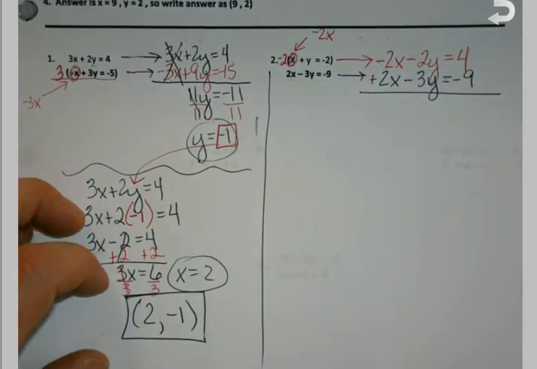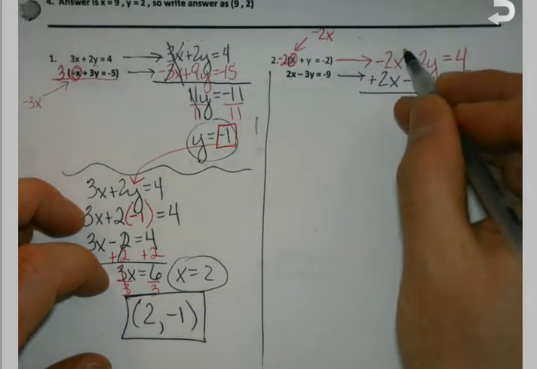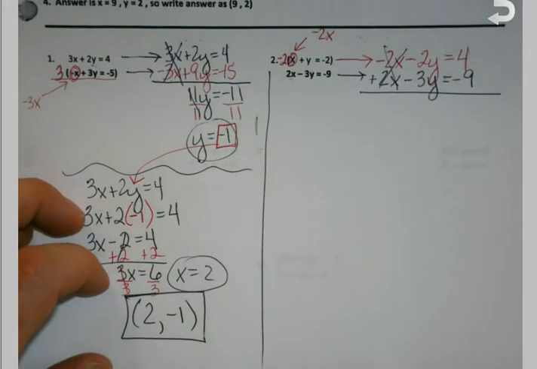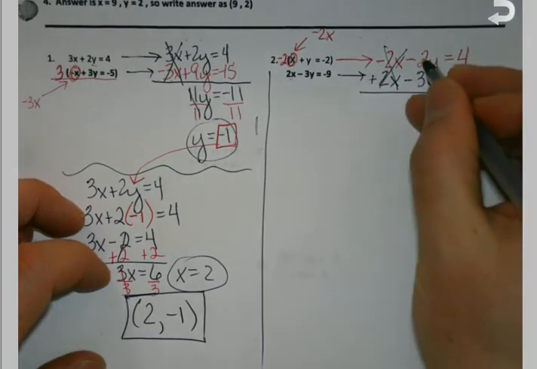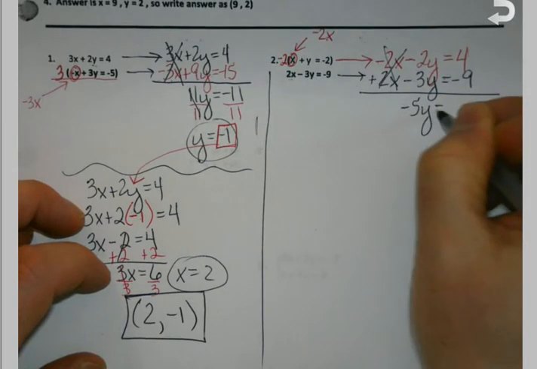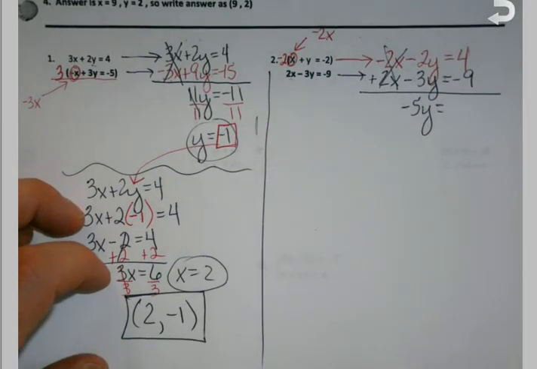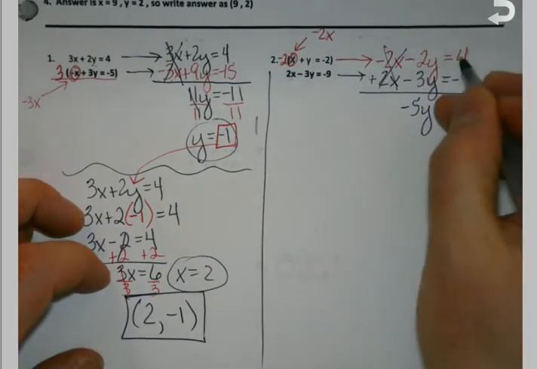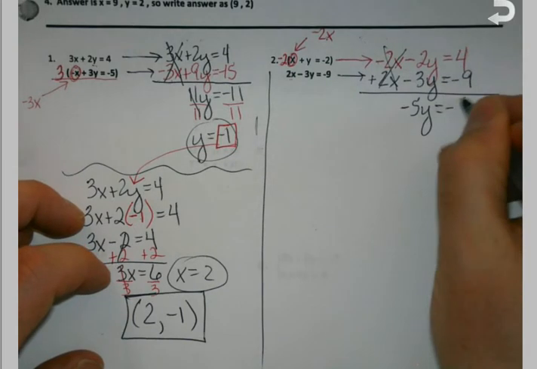Because once I do that -2 that I multiply through by, -2x and positive 2x cancel, and that's the goal. We want to eliminate one of the variables. And I just add down. -2 plus -3. And again, if you need to go to the calculator to make sure we don't have a sign issue, I'm for it. 4 plus -9 is -5.